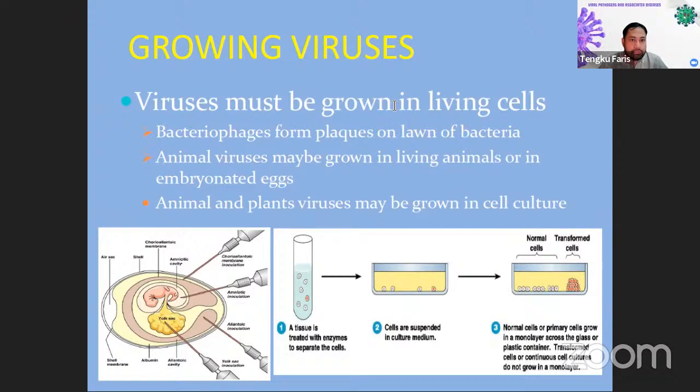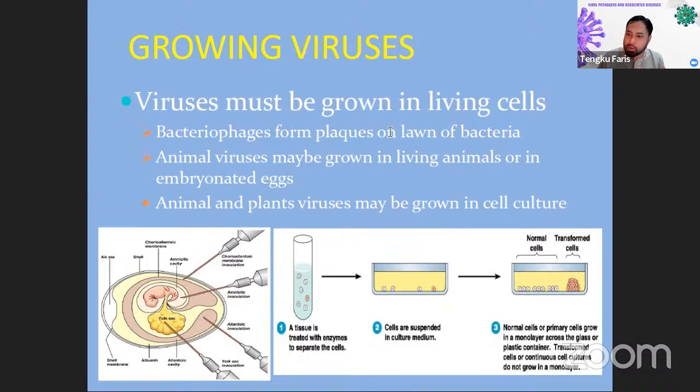Growing a virus may be a bit ambitious for us to discuss, but just to illustrate that we can grow our own virus in the lab. Of course, you need to wear proper PPE in order to handle the virus. For research purposes, we can use the embryonated egg to grow the virus in large amounts, for example in the production of vaccines.